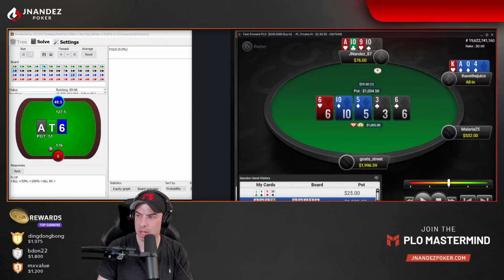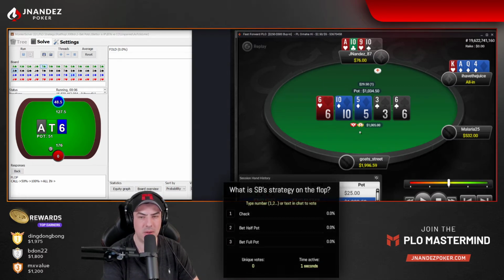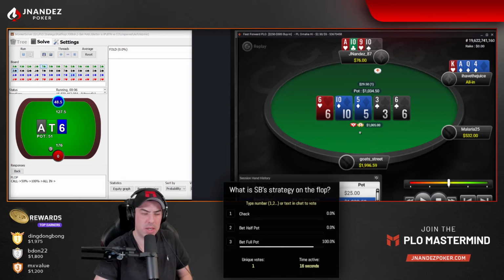We have check, bet half pot, bet full pot. So flop is 10-6-5, stack to pot ratio 3.5. We are 100 big blinds deep. And you have ace, king, queen, 4 with 3 diamonds. What are you supposed to do on the flop? You want to check, go for the half pot size bet, or the full pot size bet.